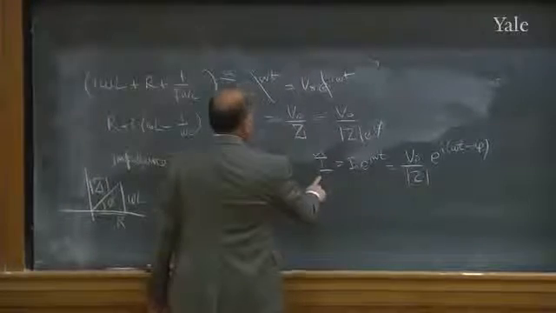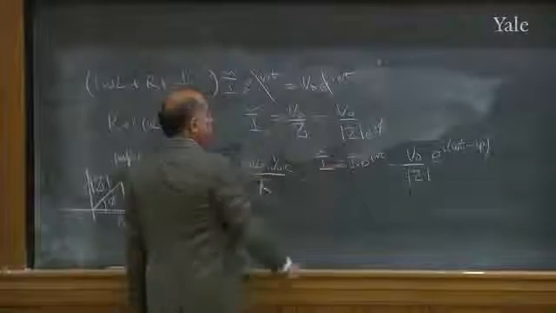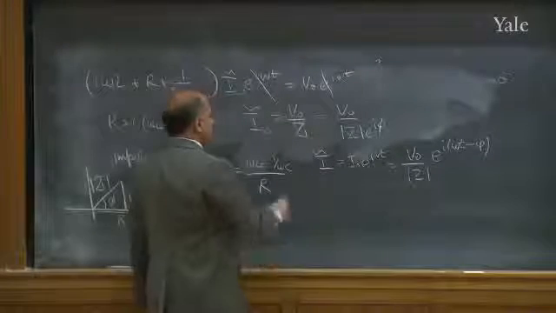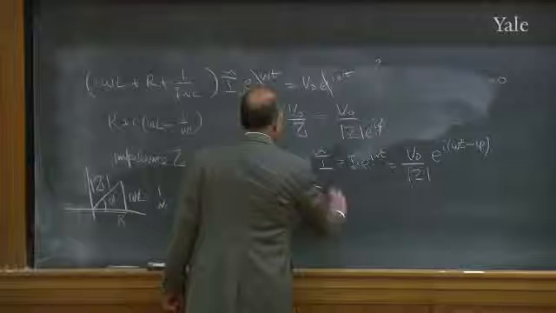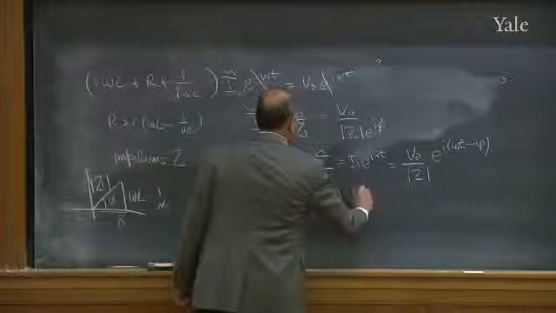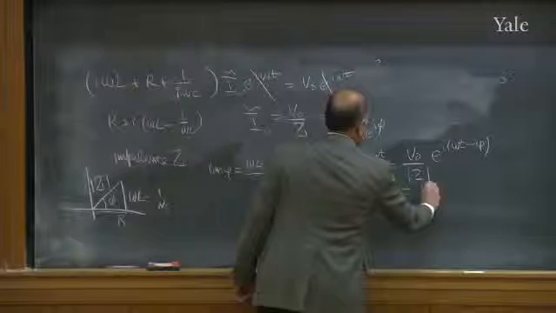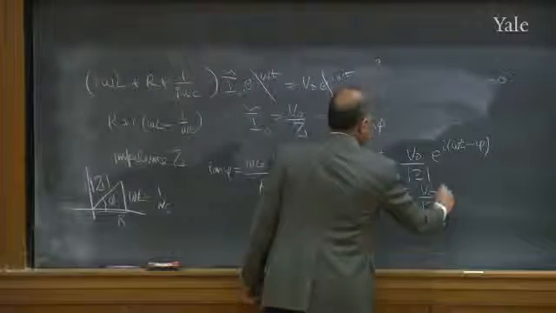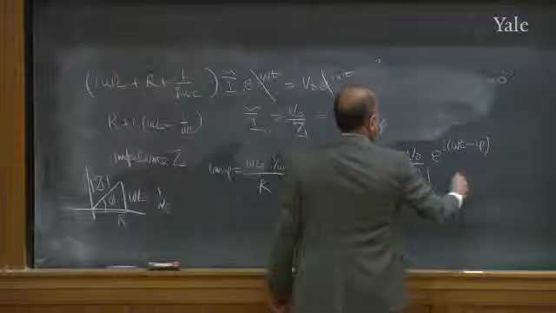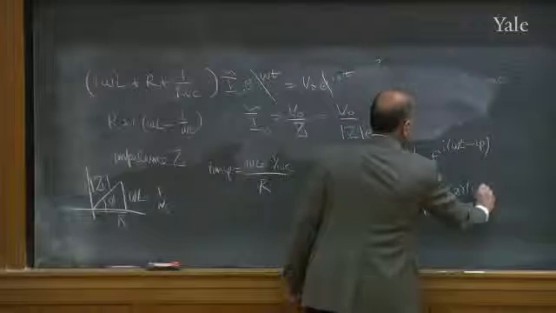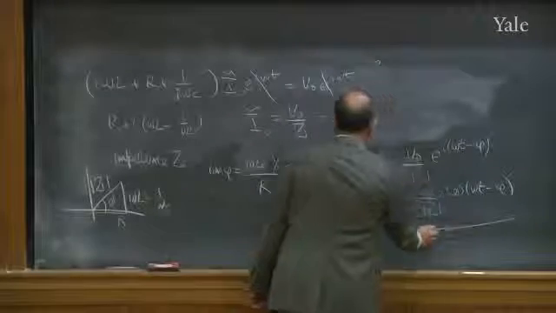But this is not the physical current, because it's the result of a complex voltage. The physical current is the real part of this without the twiddle, that we write as real part of Ĩ. Where do I get the real part? V0 and the absolute value of Z are both real. Real part of e^{i something} is cosine of something. And that's our answer.